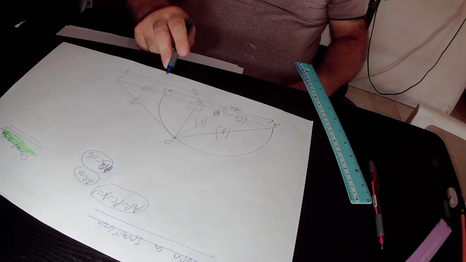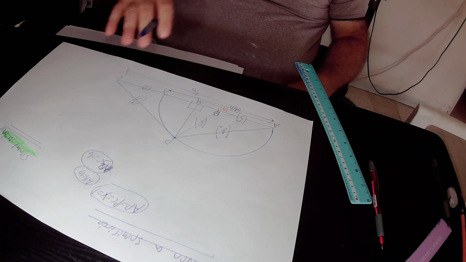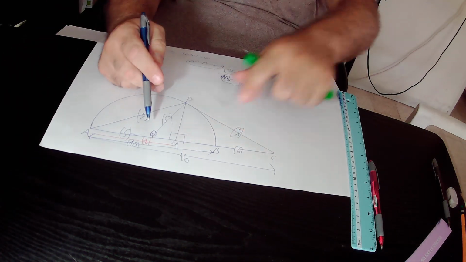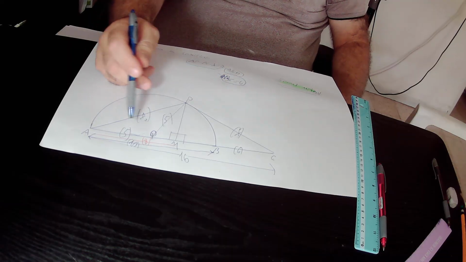OB is also the radius of the semicircle, that is equal to 5. So what is the length of this small line segment OM? From the figure it is very easy to say that OM equals AM minus AO.